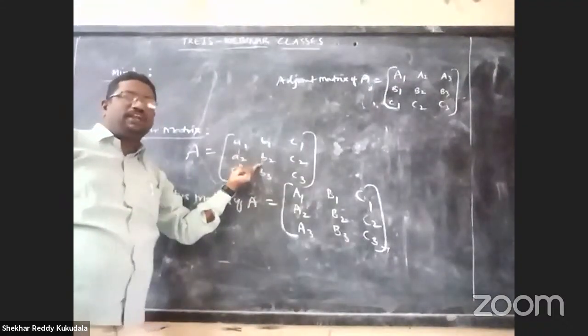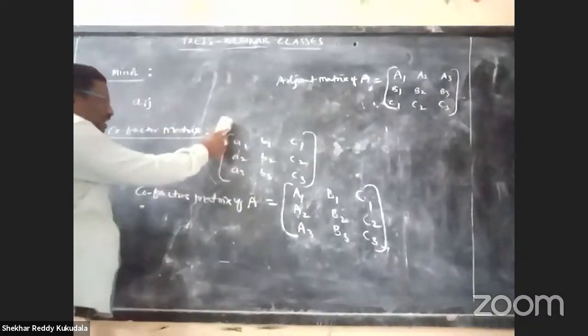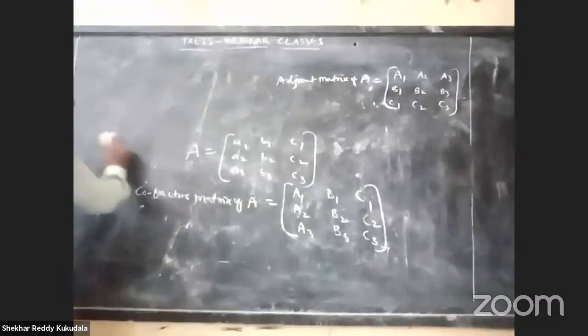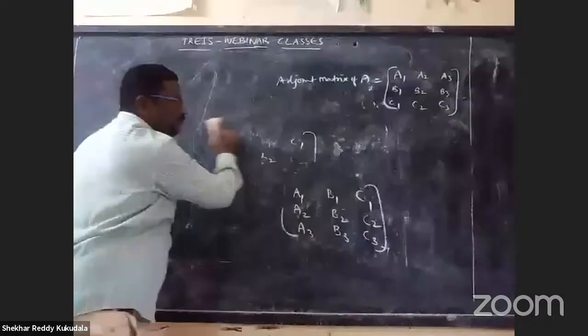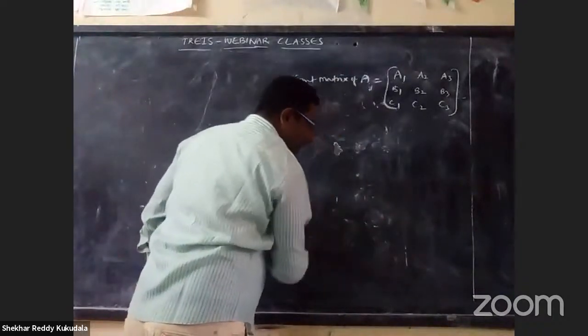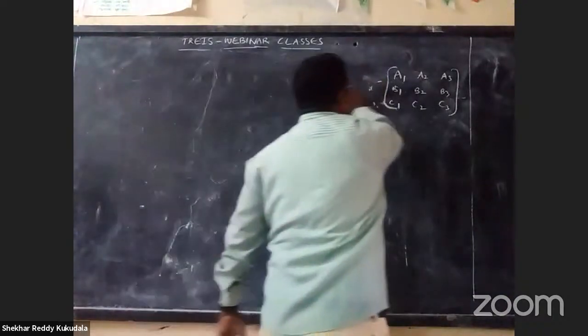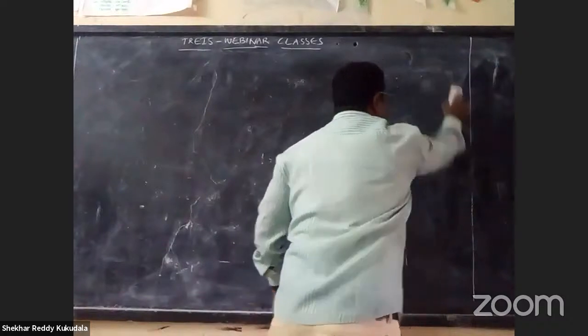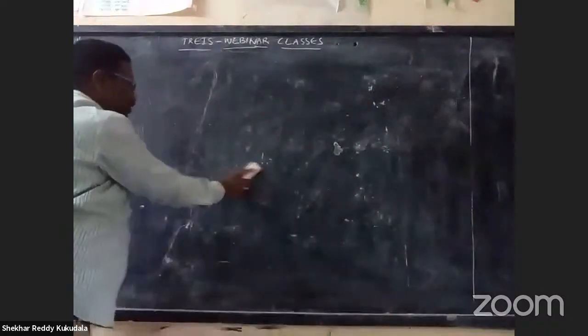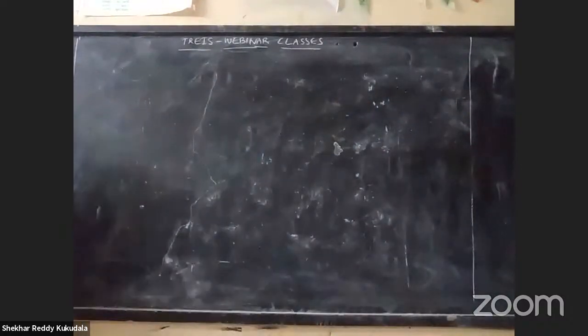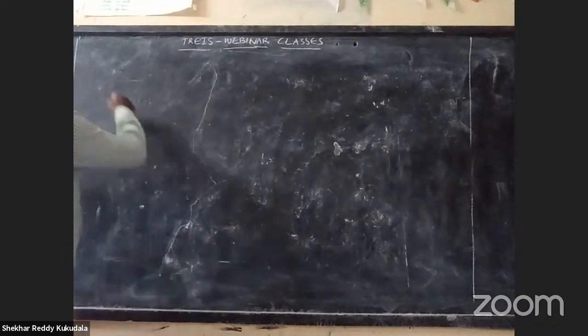So now we have studied what is meant by minor, cofactor, cofactor matrix, and adjoint matrix. Now we will do one problem for these concepts.